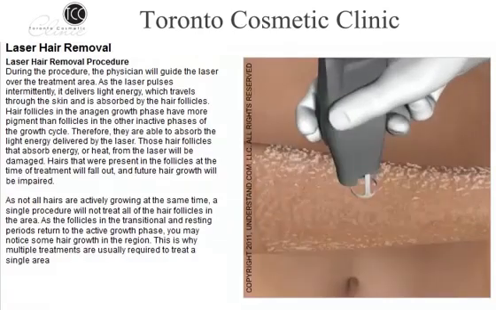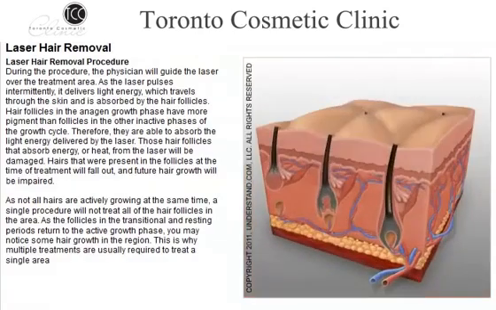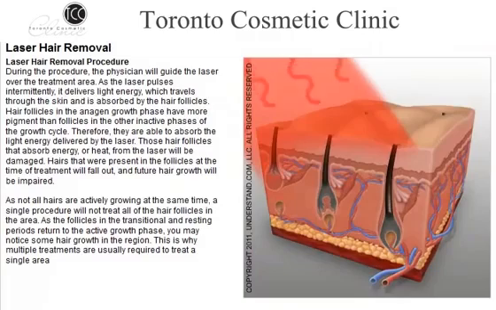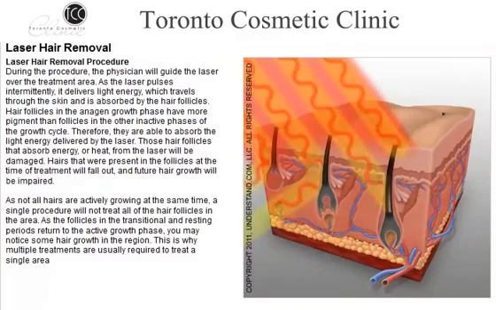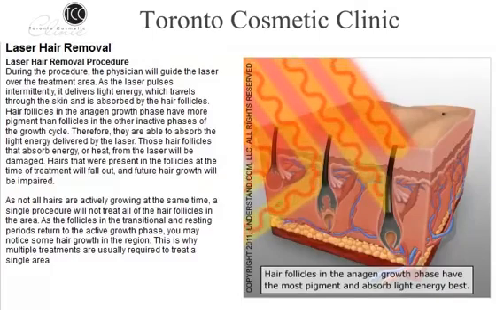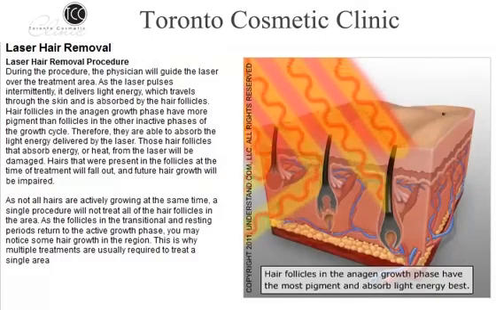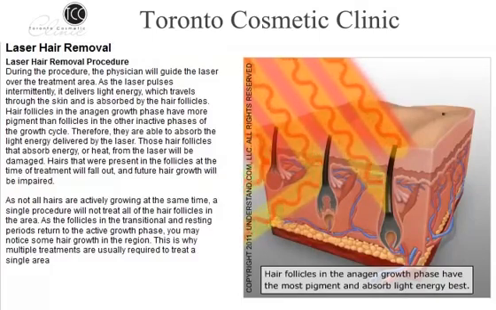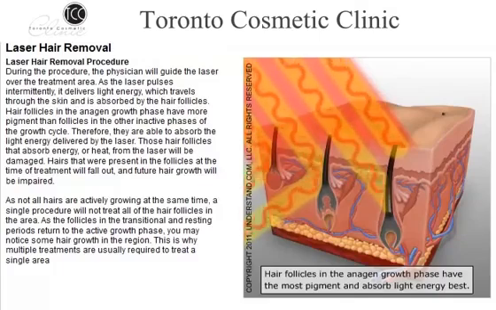As the laser pulses intermittently, it delivers light energy, which travels through the skin and is absorbed by the hair follicles. Hair follicles in the anagen growth phase have more pigment than follicles in other inactive phases of the growth cycle. Therefore, they are able to absorb the light energy delivered by the laser.